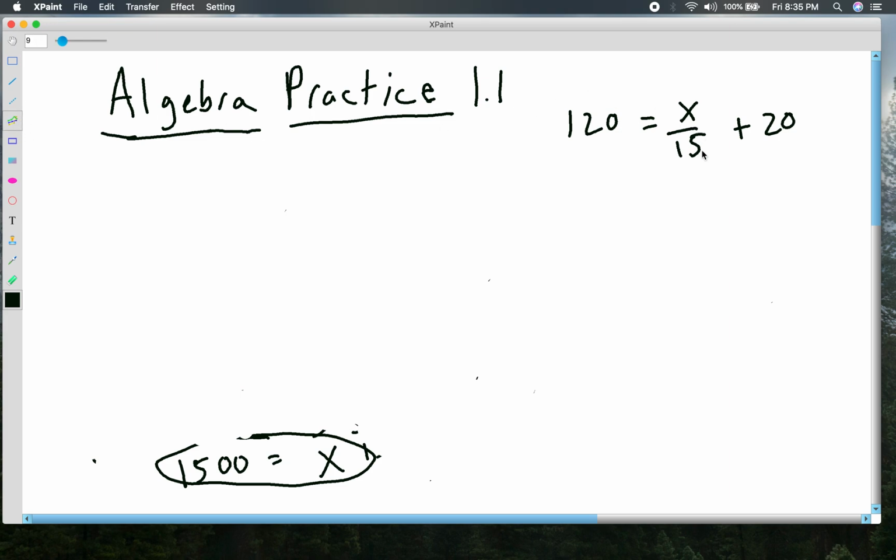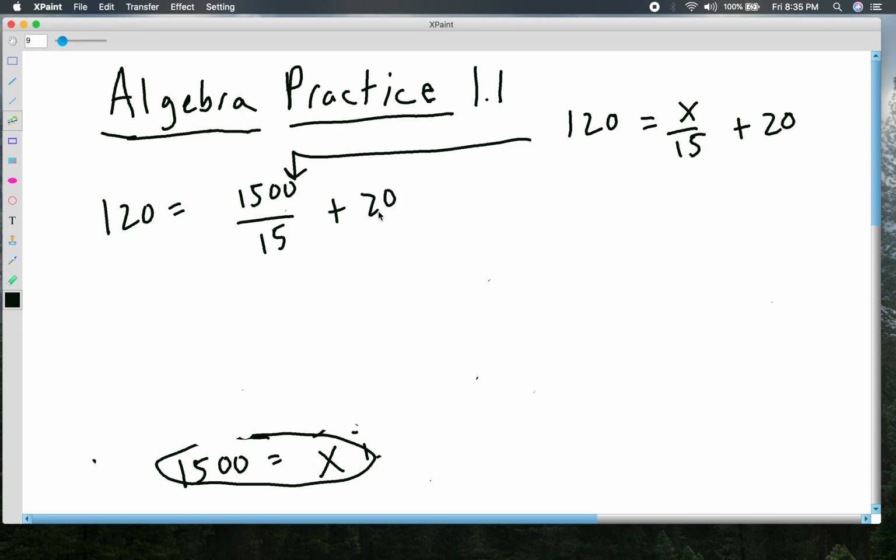All right. So let's plug in 1500. So 120 equals 1500 divided by 15 plus 20. All right. Well, 1500 divided by 15. Let's do that work here.